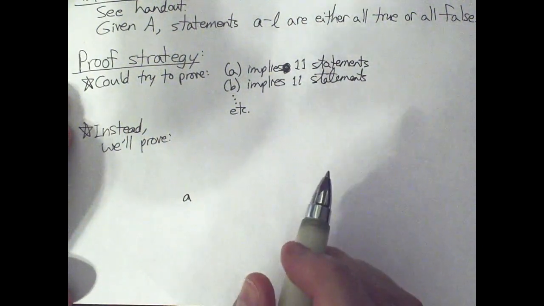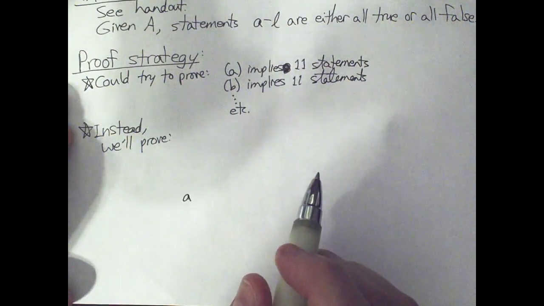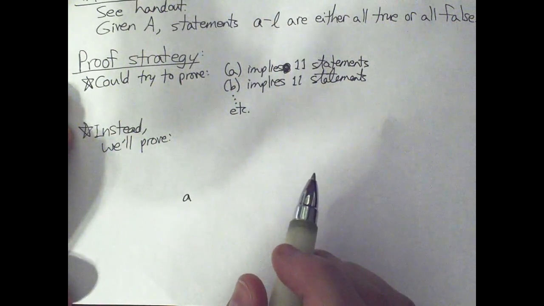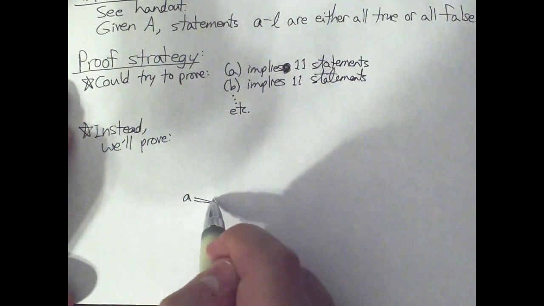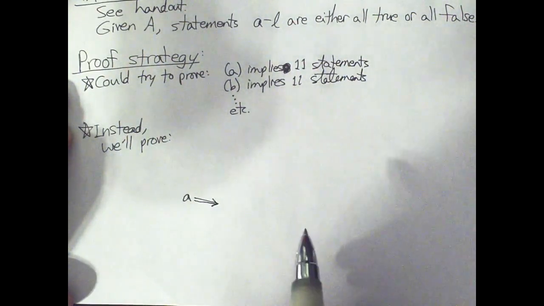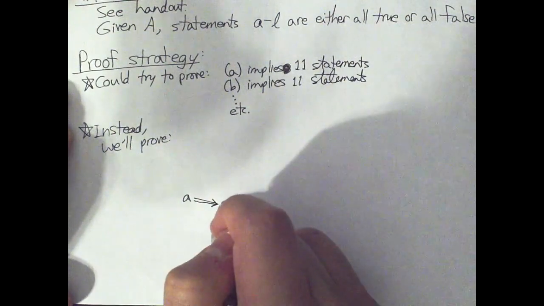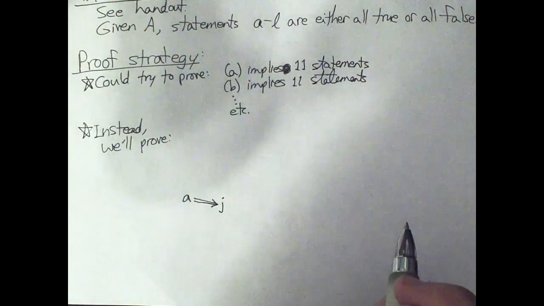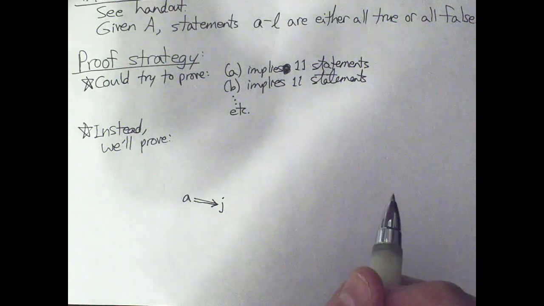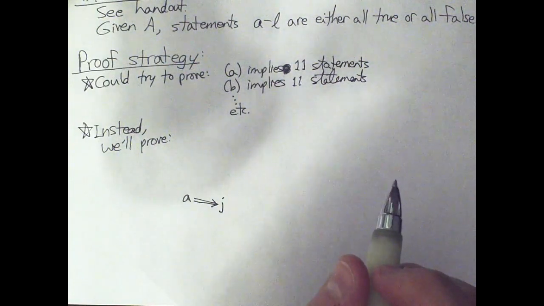We're going to show that item A being true implies item J. All right, A was that A is invertible. J was there's a matrix C such that CA equals I.